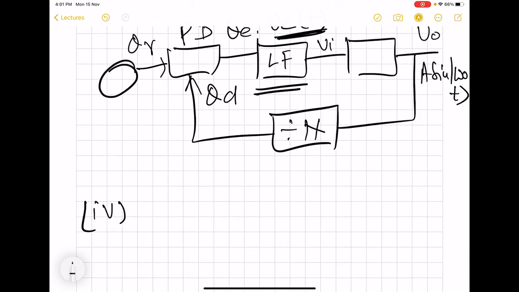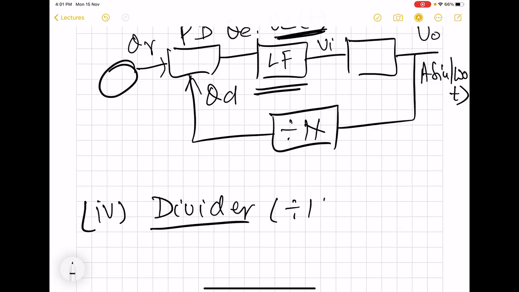Then we have an important building block, that is, let us first talk about the divider.